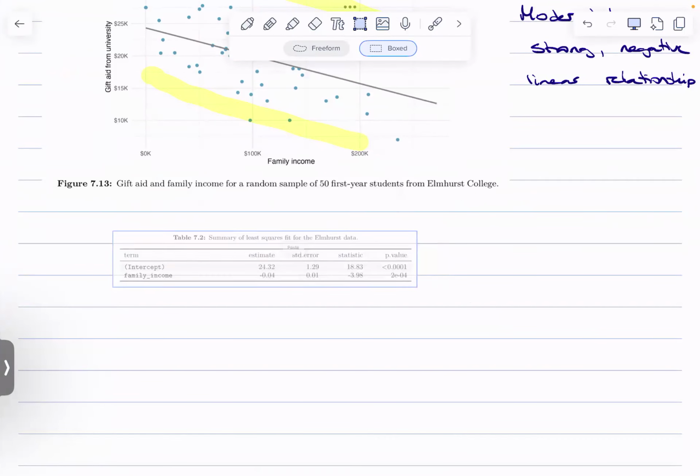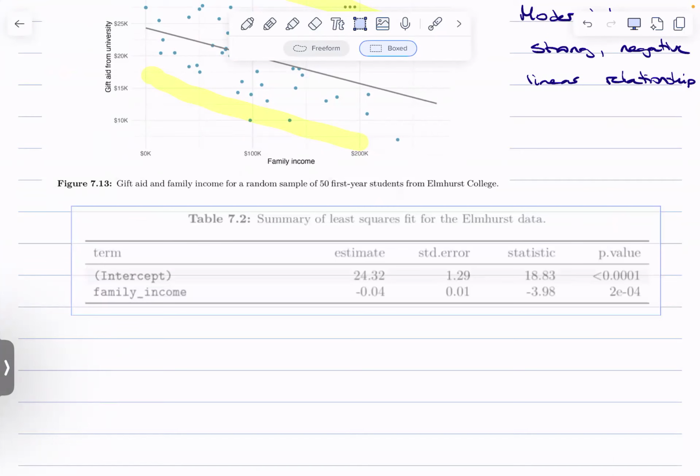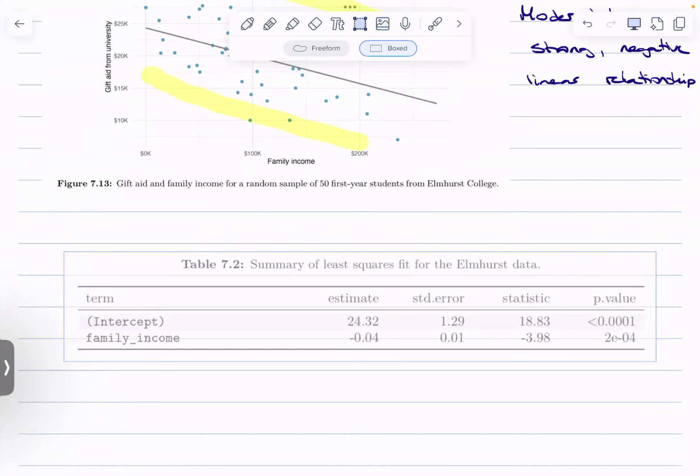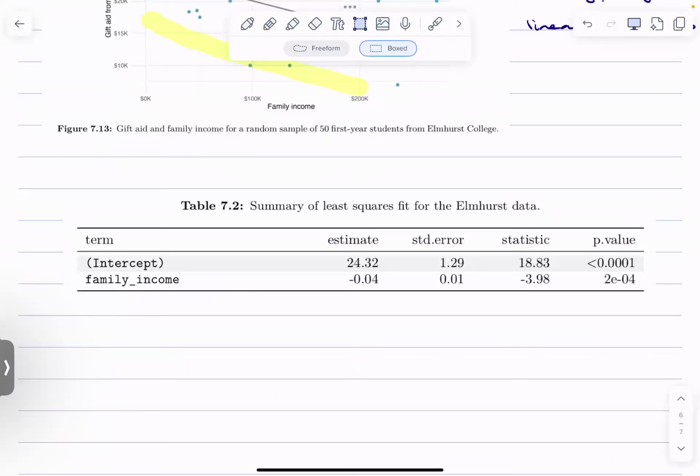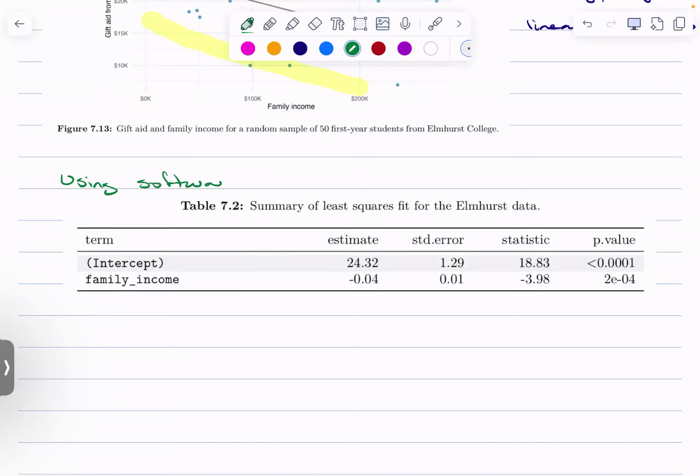But the thing I wanted to bring in earlier that I couldn't find for the possum data is that in software, we usually get some output like this. Using, I'll say generically, software, you should use software. We don't actually do it by hand.